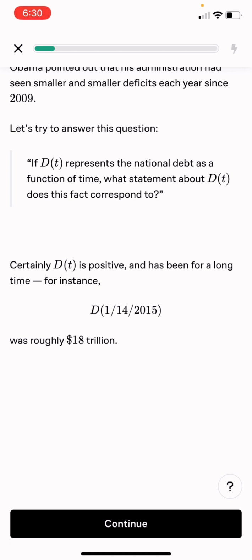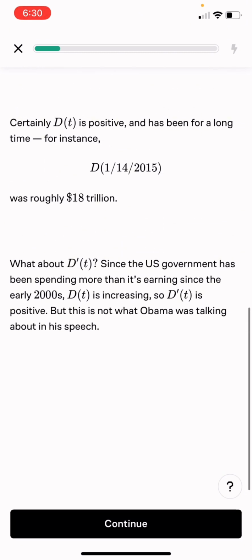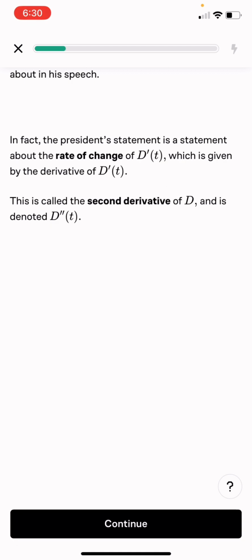Certainly D(t) is positive, and it has been for a long time. For instance, D(t) in 2015 was roughly 18 trillion. What about D'(t)? Since the U.S. government has been spending more than it's been earning since the early 2000s, D(t) is increasing, so the derivative D'(t) is positive.